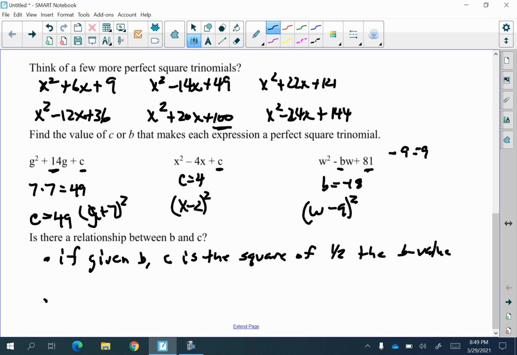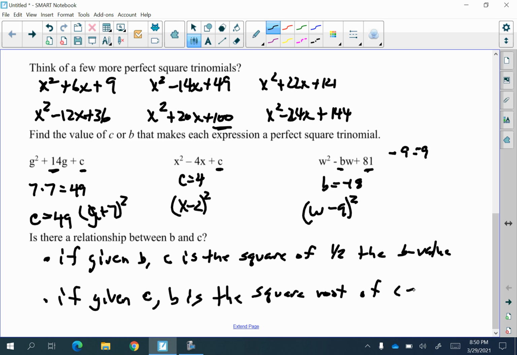And the other version would be, given c, and obviously you're looking for b, like we did in the third example, b is the square root of the c value.